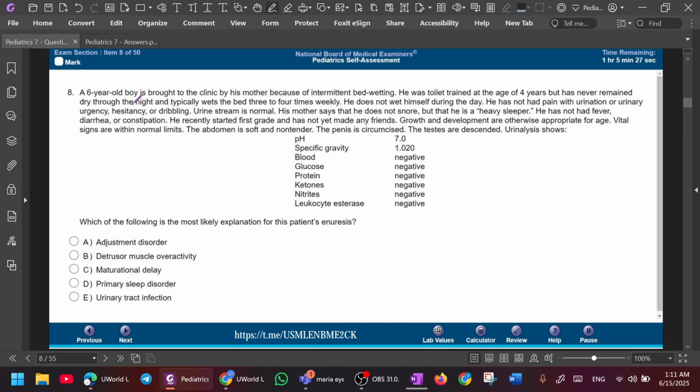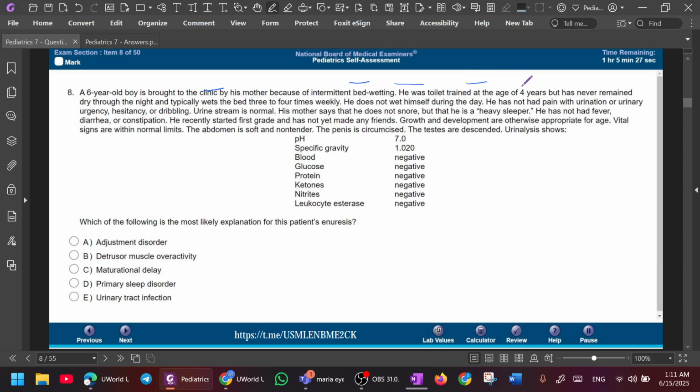A 6-year-old boy is brought to the clinic by his mother because of intermittent bedwetting.